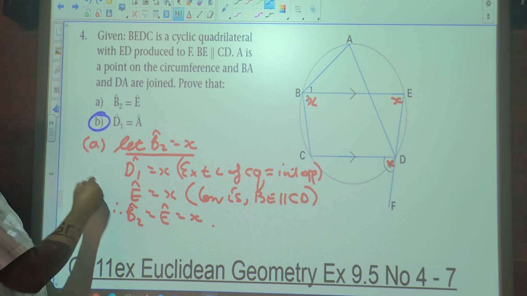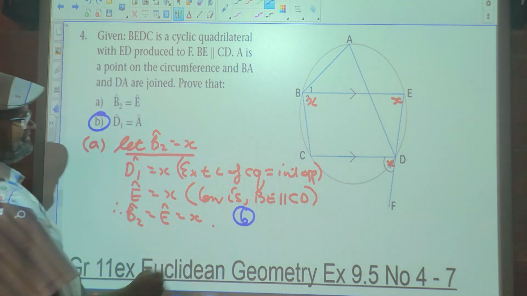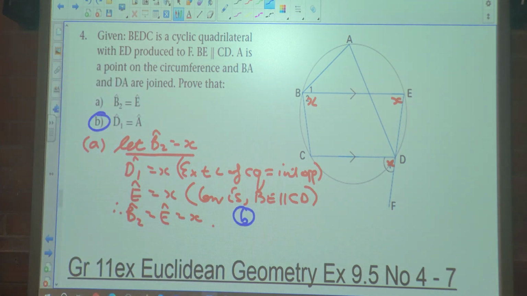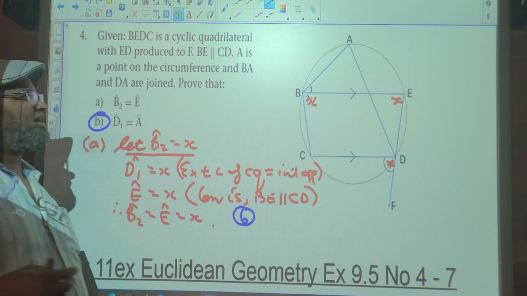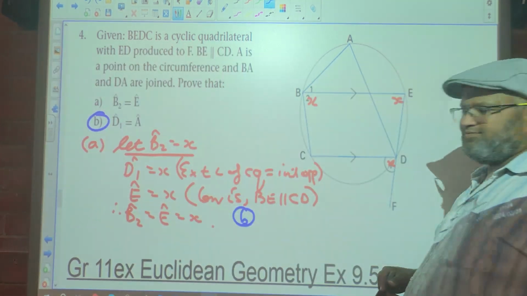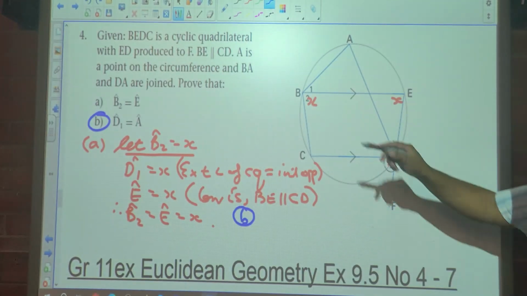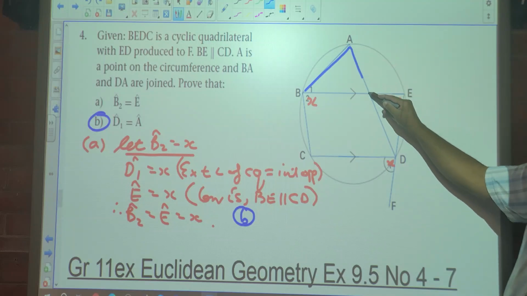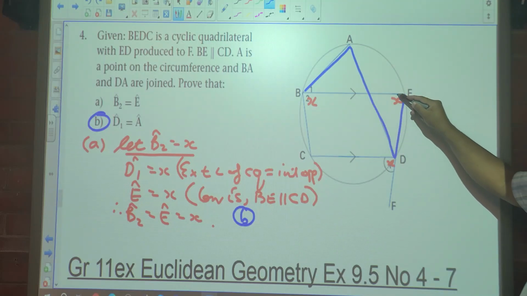People, let's look at B. D1 is equal to angle A. But D1 is already X. So if I can prove that angle A is X, I've done my job. But angle A is X. Why? Angles in the same segment.